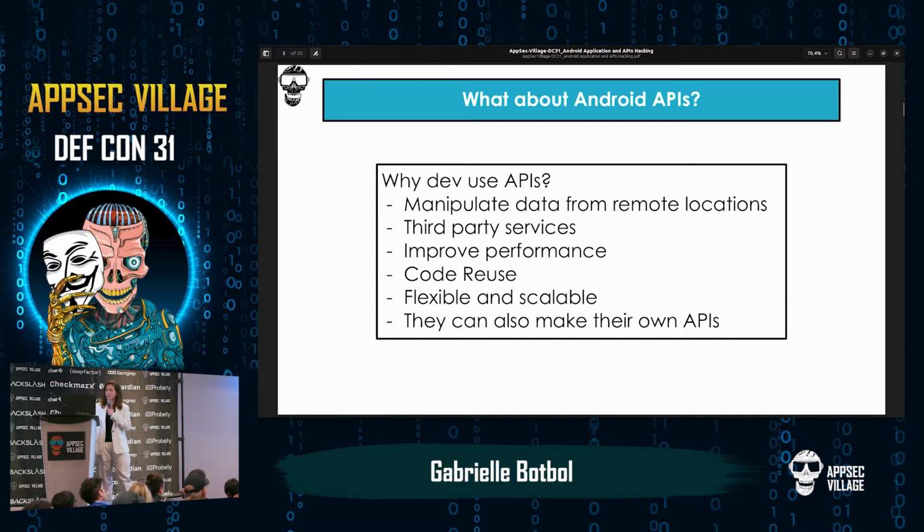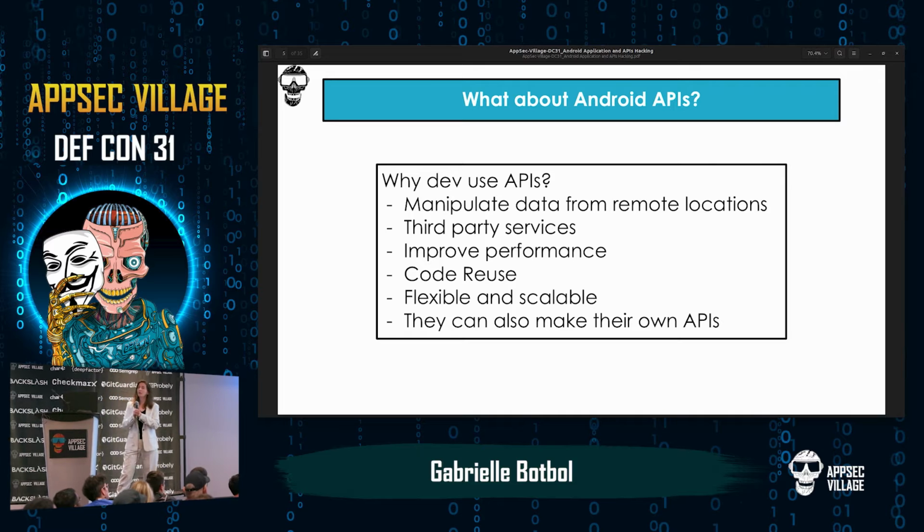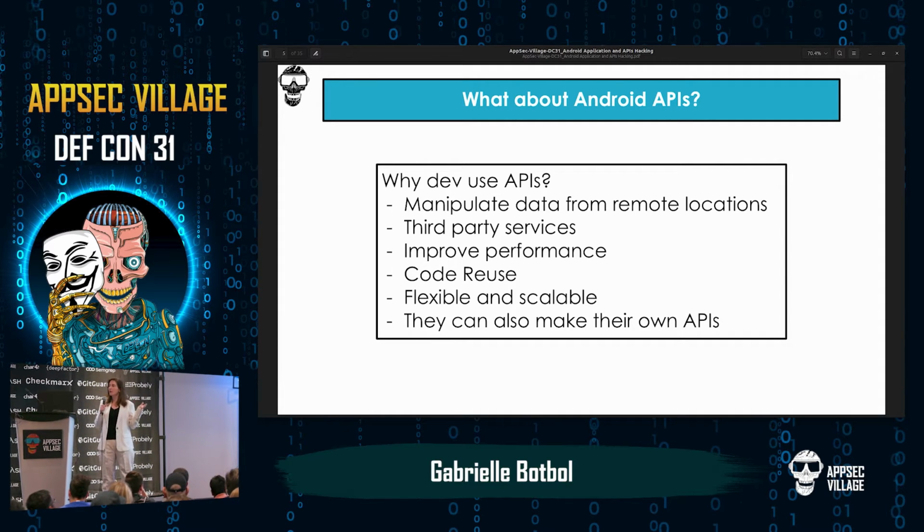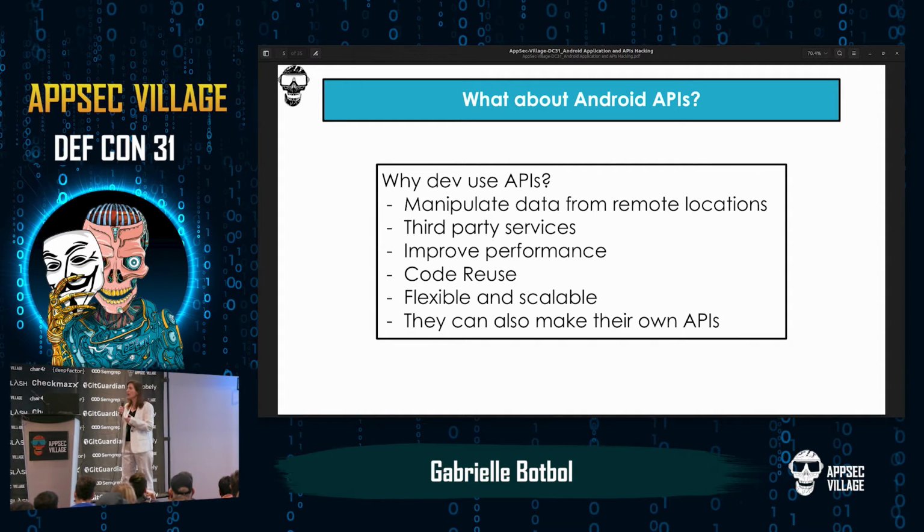I'm going to tell you about Android APIs. So why do devs use APIs in the first place? It's a very convenient way to access remote data. For example, if you want a weather forecast, social media platforms, or cloud storage services.